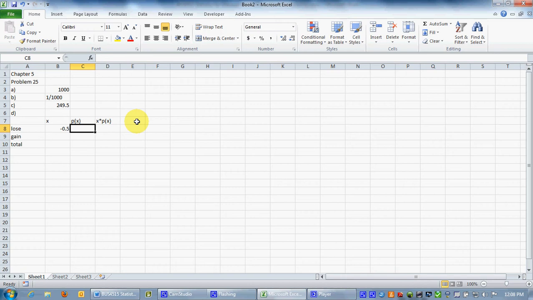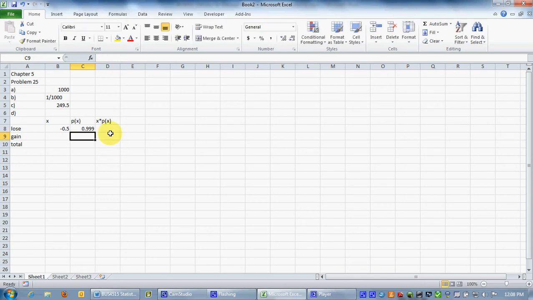So the probability of losing our bet is what we're going to calculate. Now we know the probability of losing that bet is, we're going to lose it 999 times out of 1,000. I forgot my equal sign again. So the probability of losing 50 cents is we're going to lose that 50 cents 999 times out of 1,000.